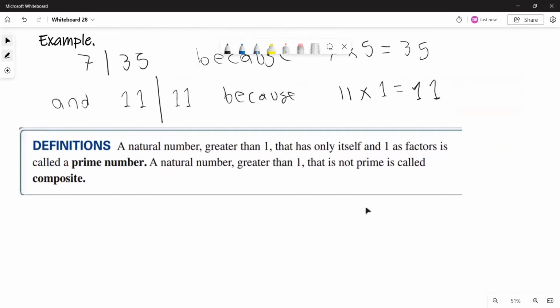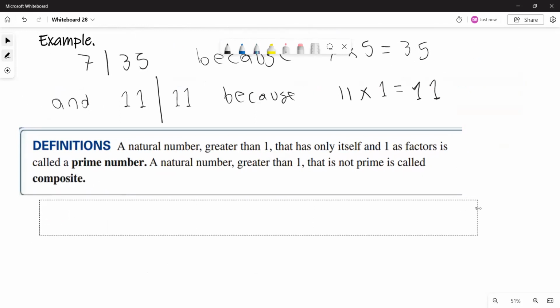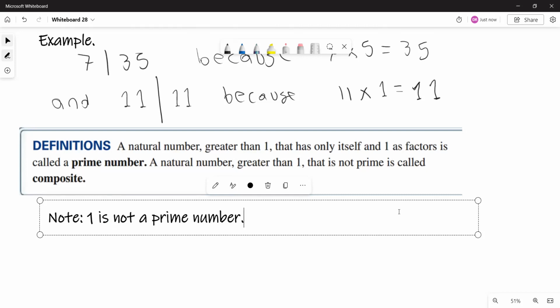A natural number greater than 1 that has only itself and 1 as factors is called a prime number. A natural number greater than 1 that is not prime is called composite. So the first note is that 1 is not a prime number. The smallest prime number is 2.